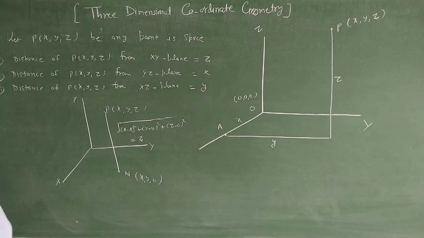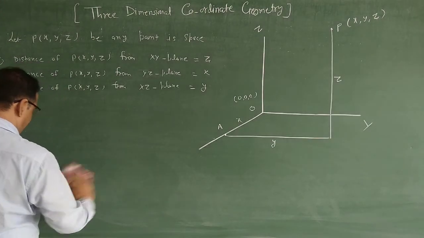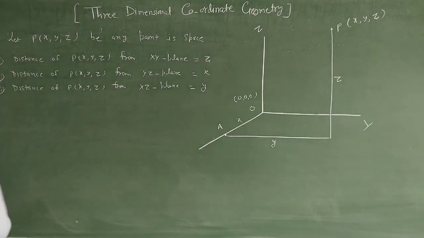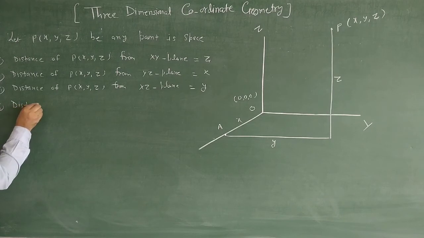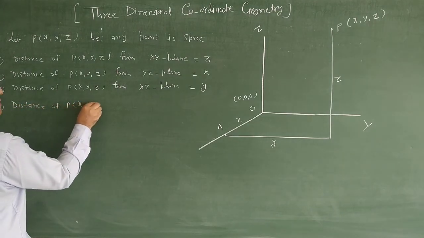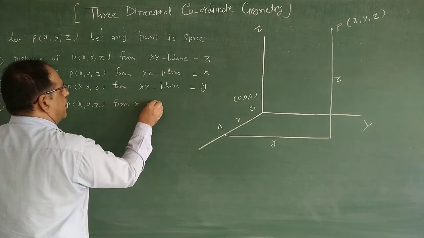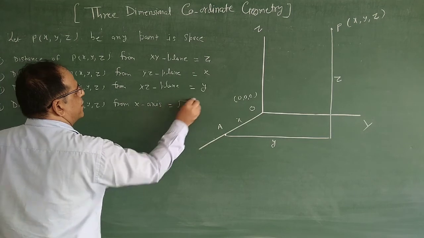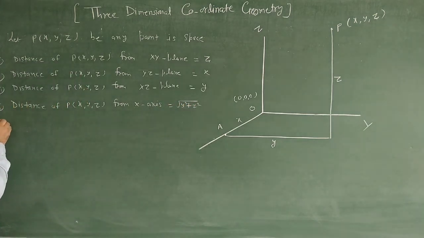Now similarly, if you want to find the distance of a point in space from the axes: distance of P x, y, z from the x-axis becomes the square root of y square plus z square.